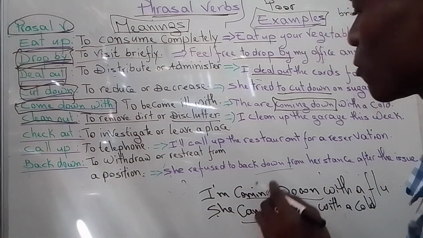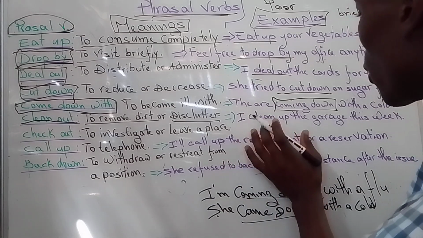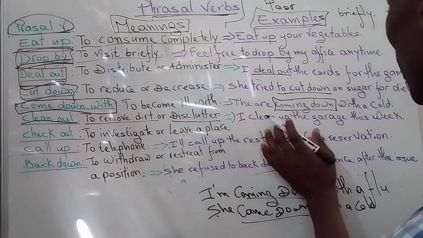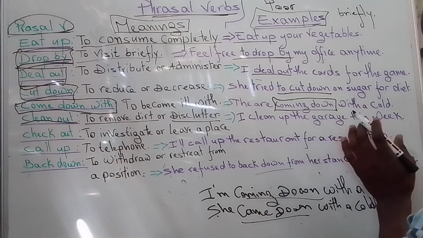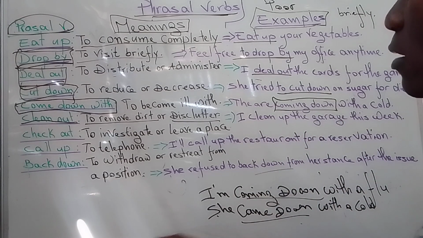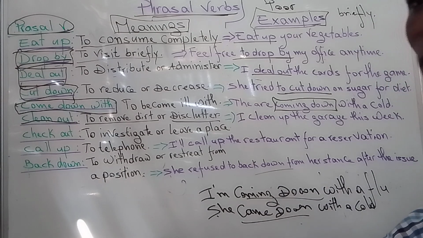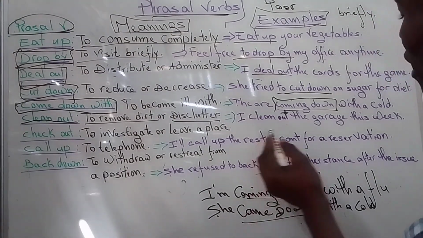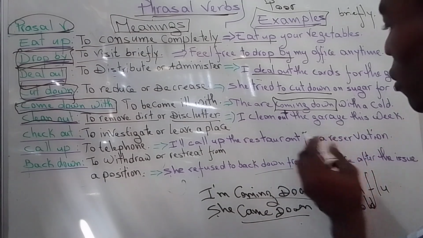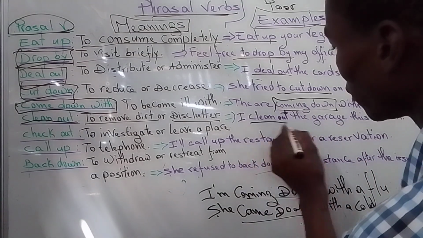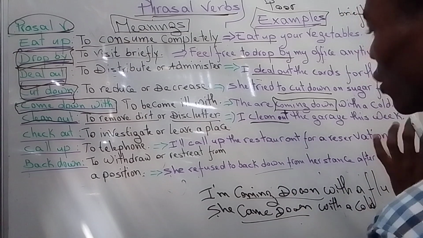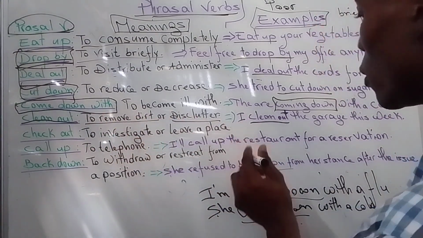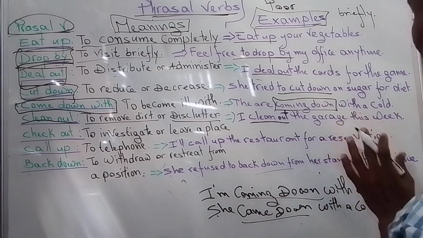The example is I clean out the garage this week. Make sure you get it right because it is really important, guys. I clean out the garage this week. To remove dirt or clutter.